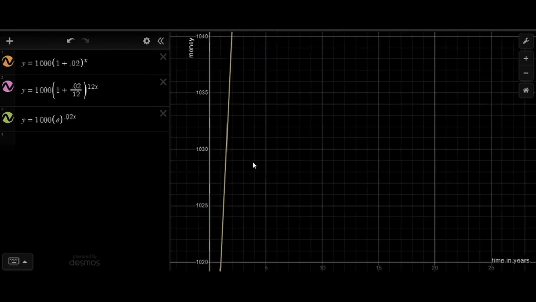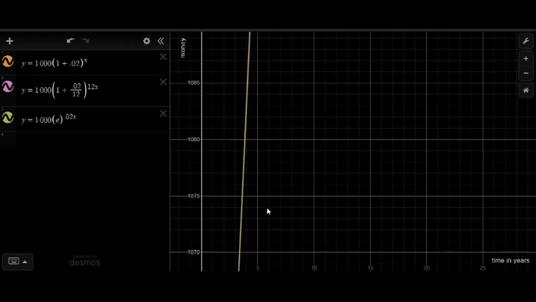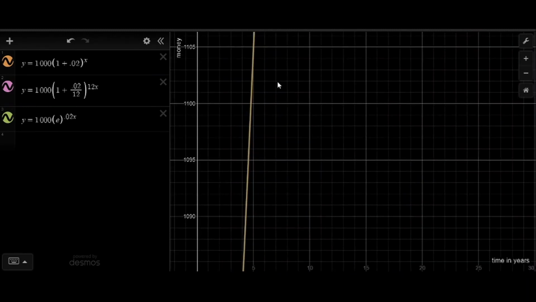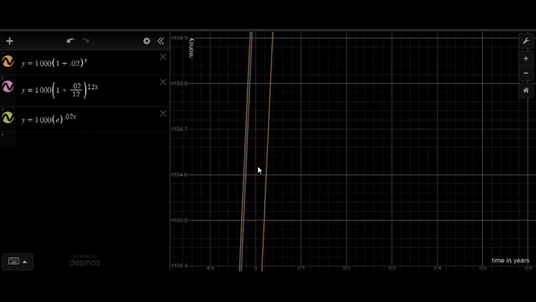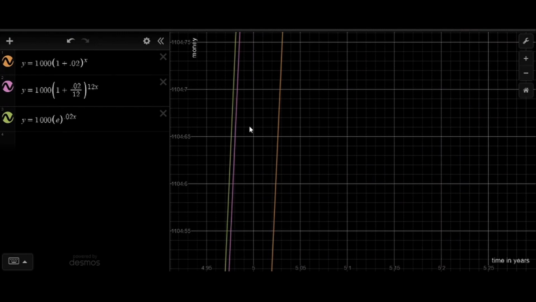So let's zoom in. Let's go a little farther down the line, here like 5 years, and then scroll in a bunch, just to be able to see. And you can see here that when it is compounded continuously, it has the steepest growth rate. When it's compounded monthly, it is slightly less steep, and then annually is much less steep.